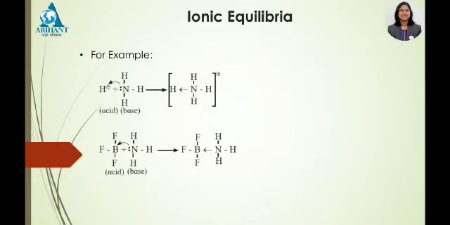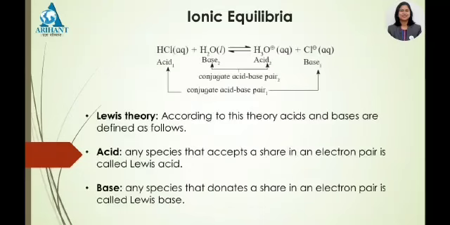For example, now according to this you should have, see students, you should have electron pair, right? Any species that accepts a share in an electron pair, that is acid, and any species that donates a share in an electron pair is a base.